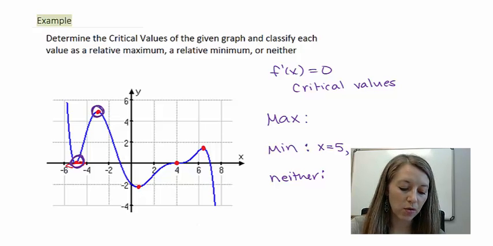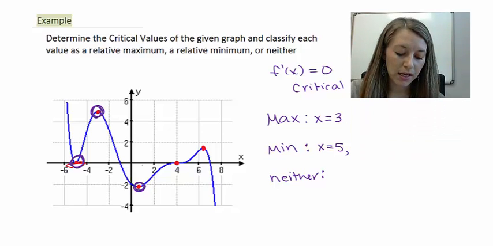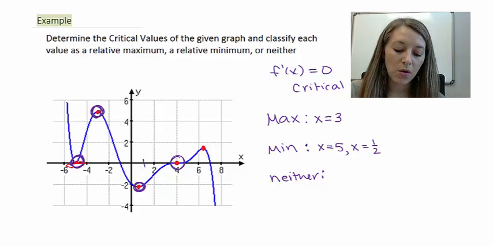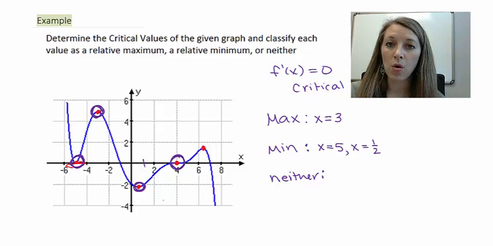My next critical value here is a high point on the graph, so that means we have a maximum value at 3. Next is maybe a half value when x is equal to 1/2. We see that's a low point, so that is a minimum when x is equal to 1/2. Next is the only time where I don't have a low or a high point, but I do have a horizontal tangent line here.